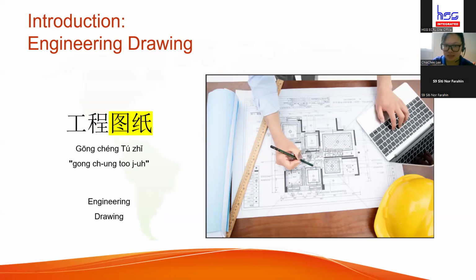So engineering drawing is the combination of 工程图纸, generally the type of engineering drawing in general.